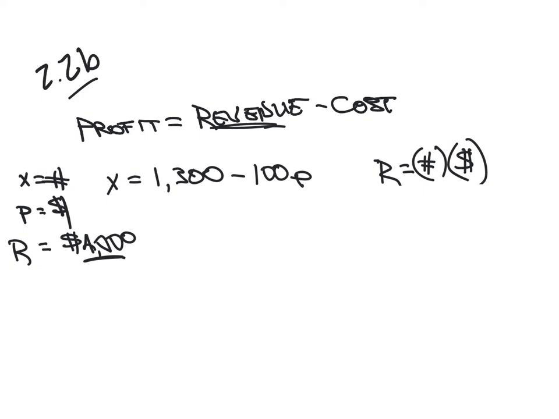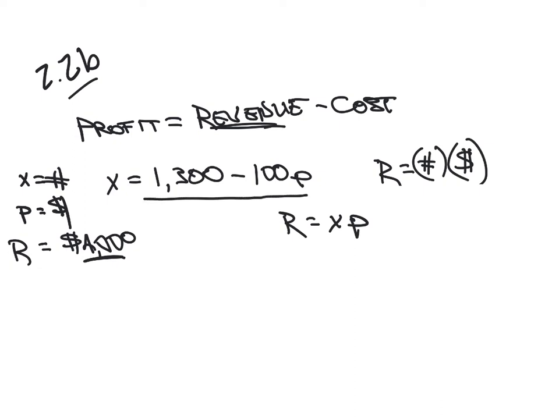So if we use R equals the number of calculators sold, and we'll call it X because that's the number of calculators sold, times P, and P is the amount of money they made off each calculator. That would give me the revenue. Well, what did they tell me?